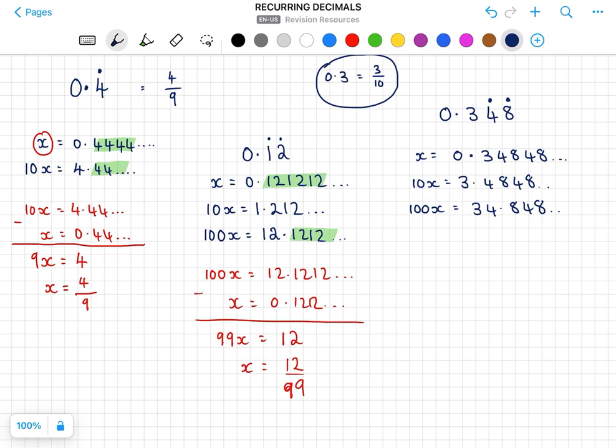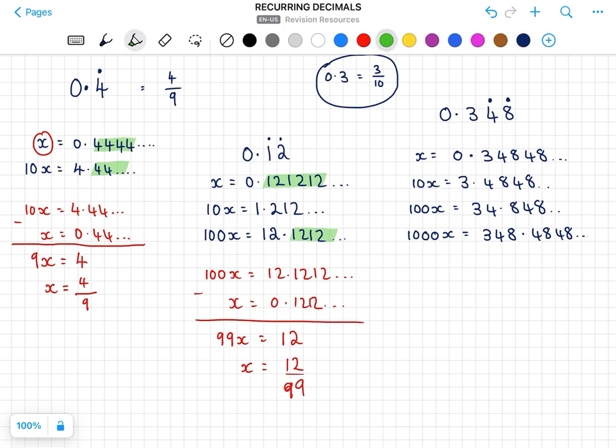None of our decimal places match up. So we go again. 1000x equals, jump that decimal place, 348.4848, etc. Do any of our decimal places match? 4848, 4848.